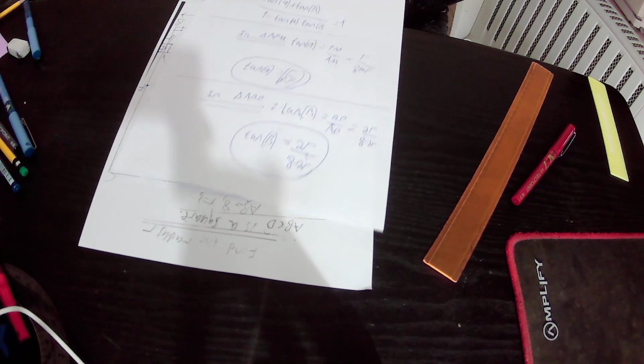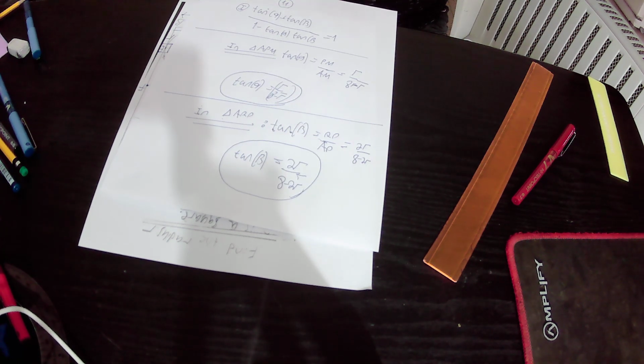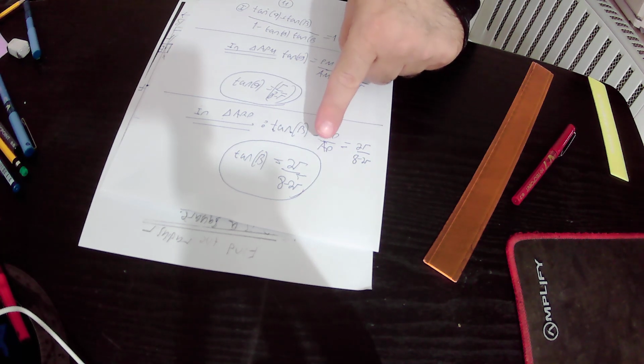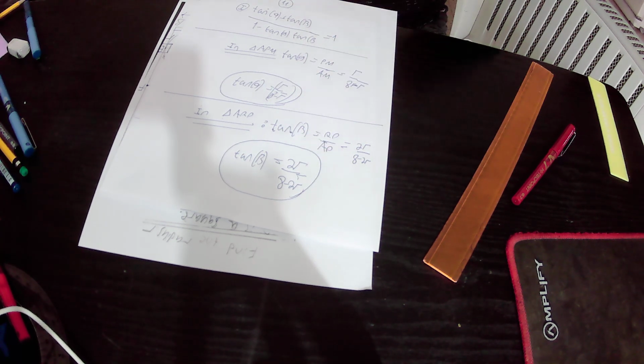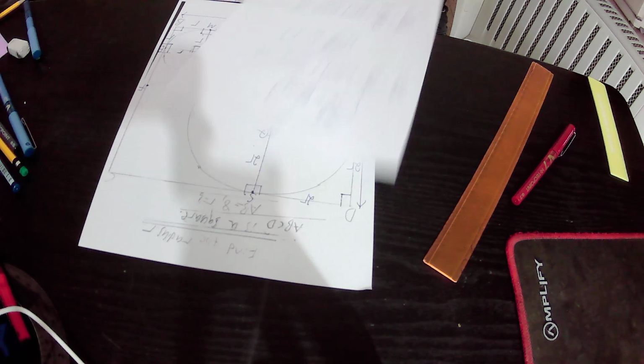Okay, so we substituted tangent alpha and tangent beta in this equation by the values that we found. Tangent alpha is R over 8 minus R, and tangent beta, as I've already showed you, equals 2R over 8 minus 2R. Okay, and we got this expression.